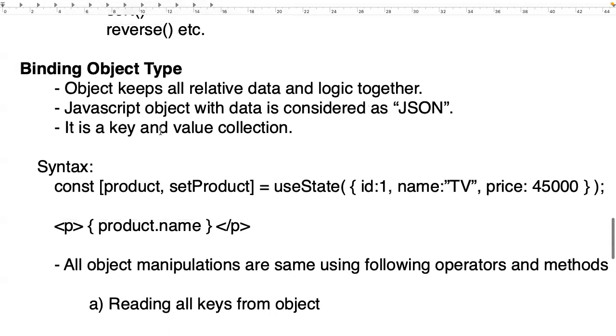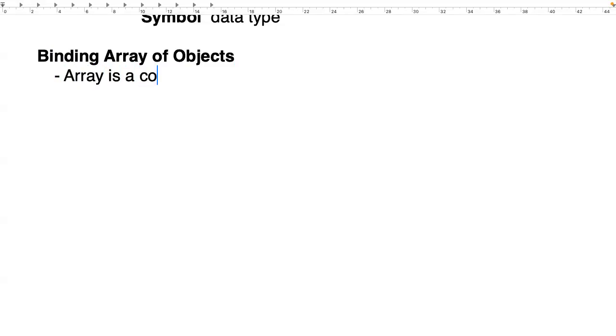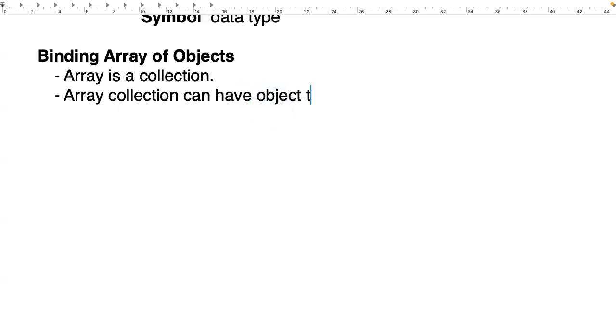Now, after knowing how to bind an object, a little bit more complex data comes. That is binding an array of objects. An array is a collection, and an array collection can have object type elements.